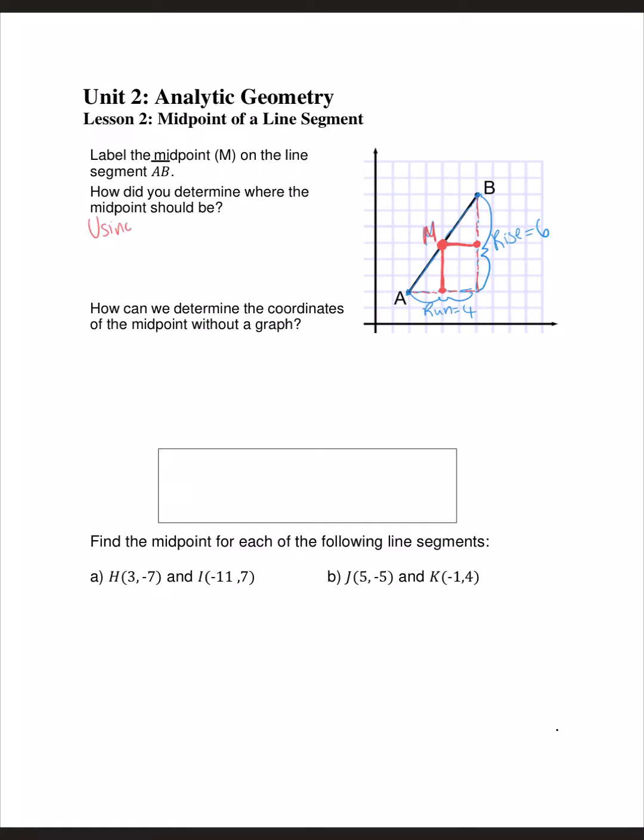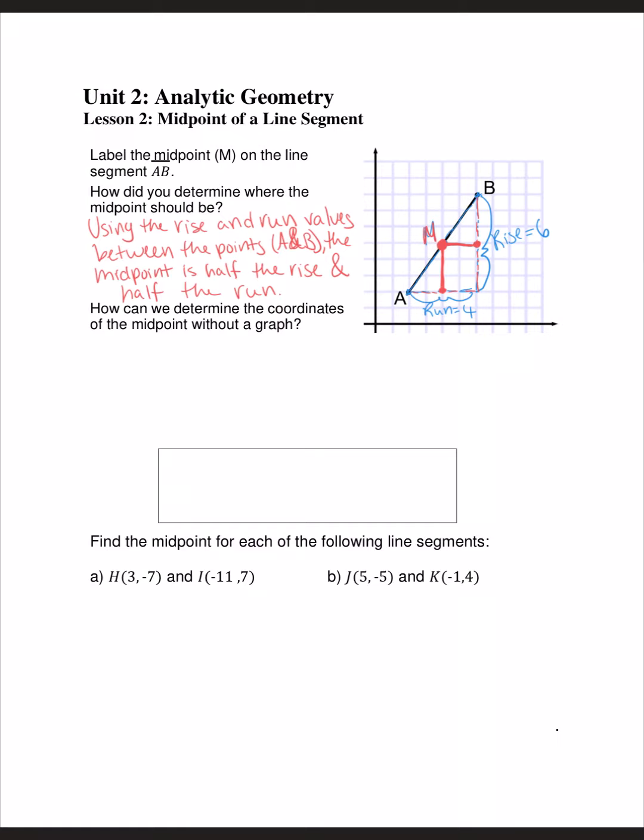Using the rise and run values between points A and B, the midpoint is half the rise and half the run.